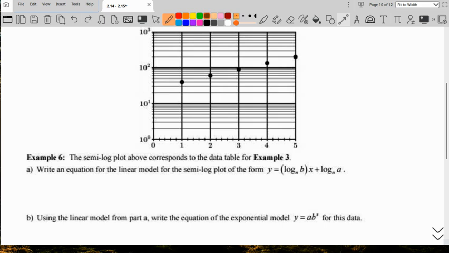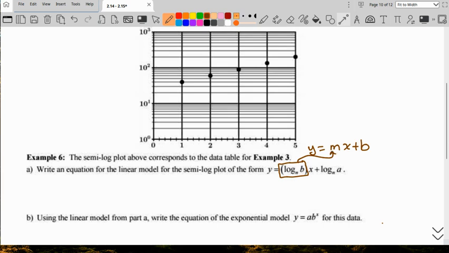If we want to do this, we're trying to build a linear model, remembering that's y equals mx plus b format. And so we know that log base n of b is just going to be my slope.